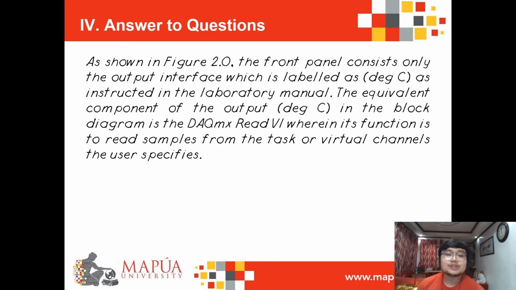As shown in figure 2.0, the front panel consists only of the output interface, labeled degrees Celsius, as I mentioned a while ago. The equivalent component of the output degrees Celsius in the block diagram is the DAQmx Read VI, whose function is to read samples from the task or virtual channels the user specifies.